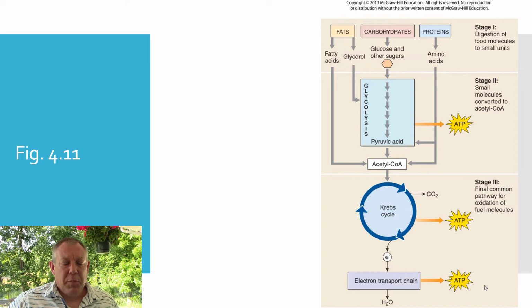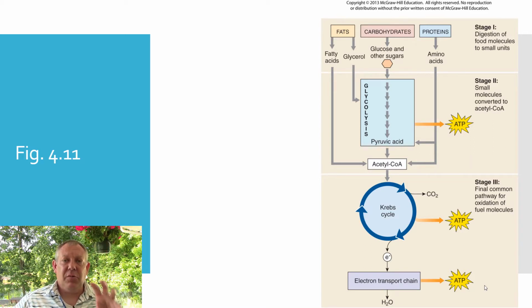So here's a figure from your book, and it shows how these 3 things relate to one another. The first thing you want to understand is that the products from one feed into the next one. So we start with glycolysis. The end result of glycolysis feeds into the Krebs cycle. The end results from the Krebs cycle feed into the electron transport chain.